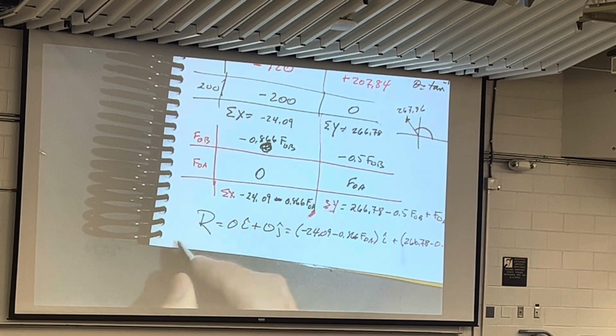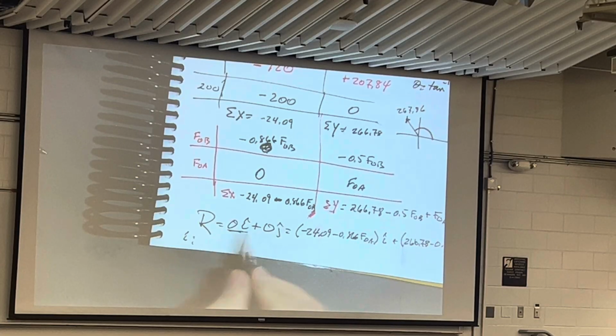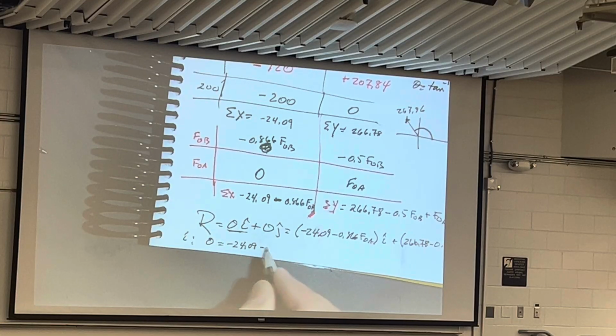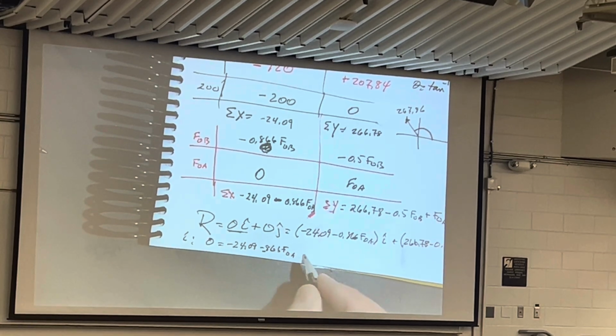No. So now I'm going to equate i's. I's on the left is 0. I's on the right is minus 24.09 minus 0.866 FOB.